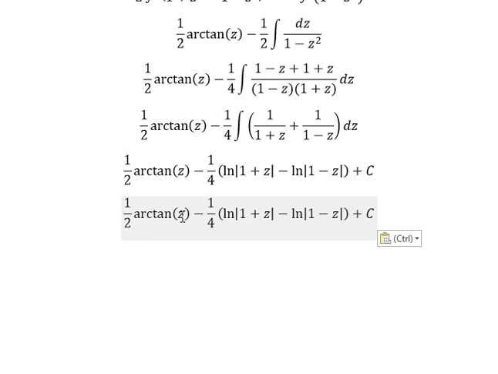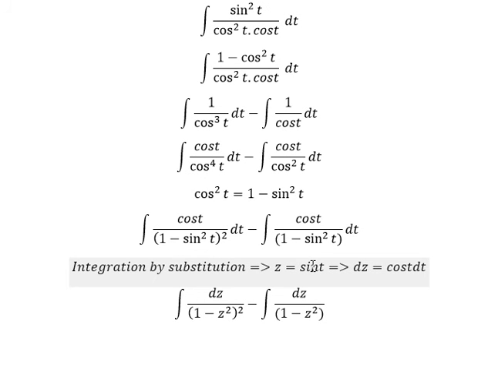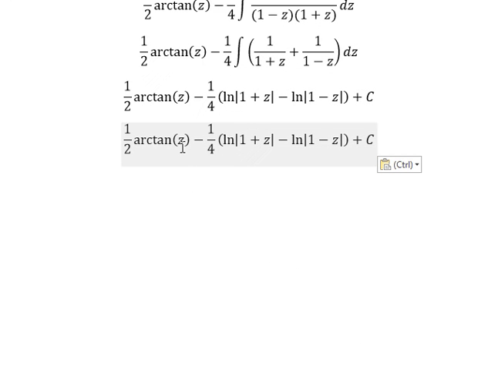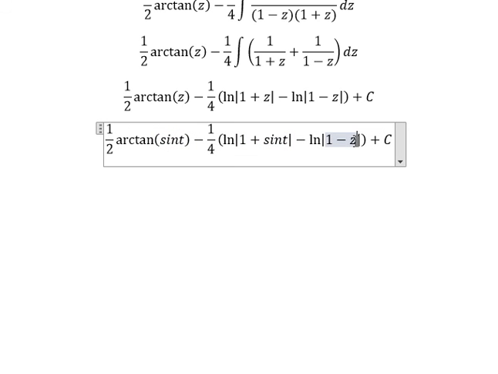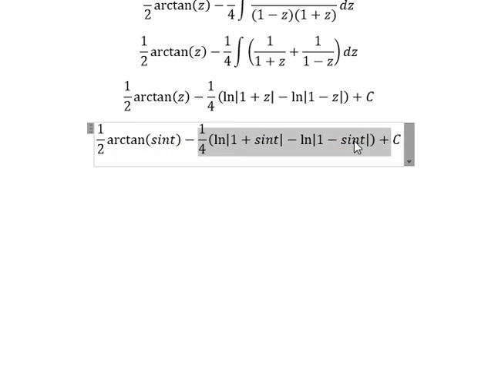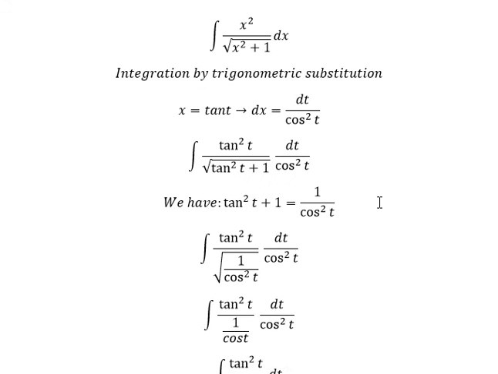Now we need to change z back to x. About z, that's sine t. About t, we have this one.